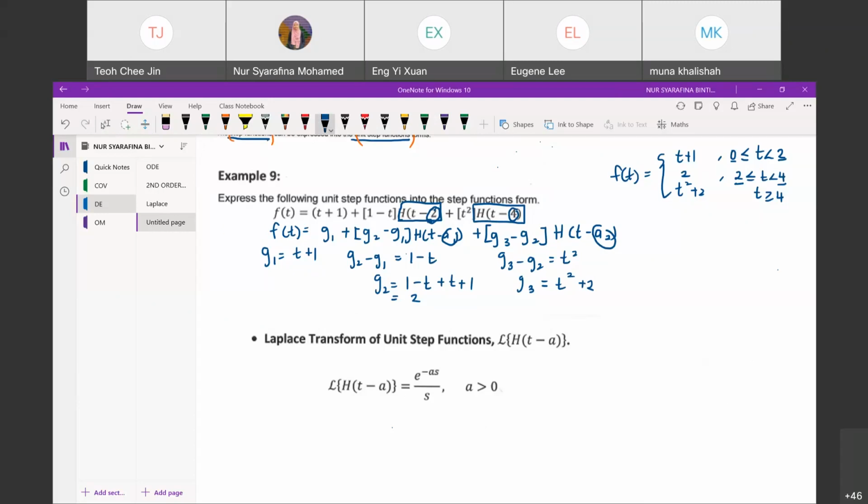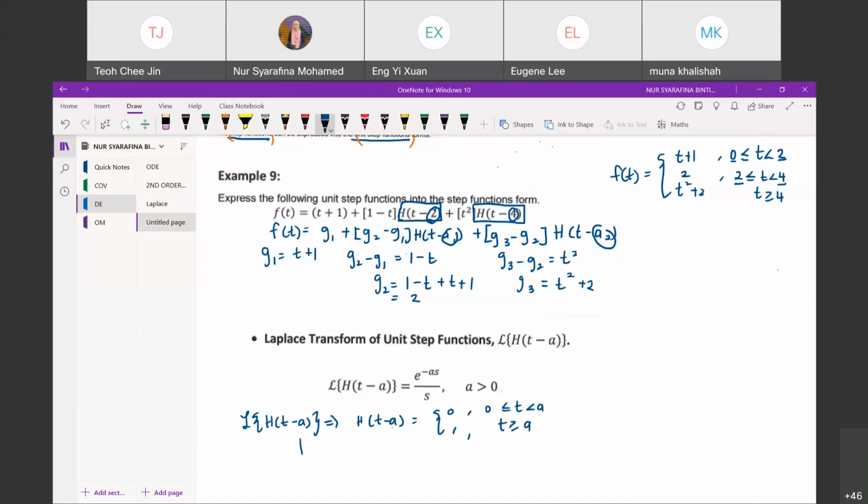Your function is H(t minus a), and you want to transform it. By definition, H(t minus a) is given by 0 from 0 to a, and 1 for t greater than a.